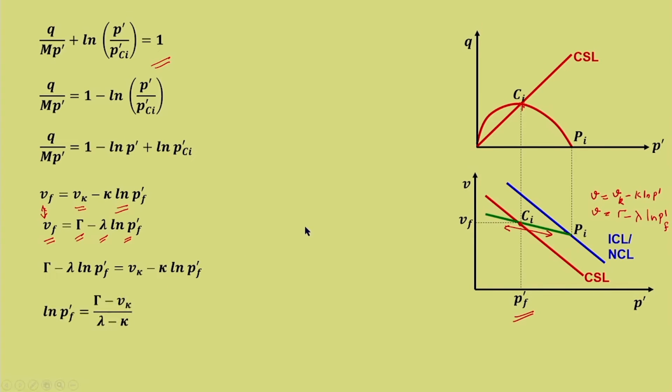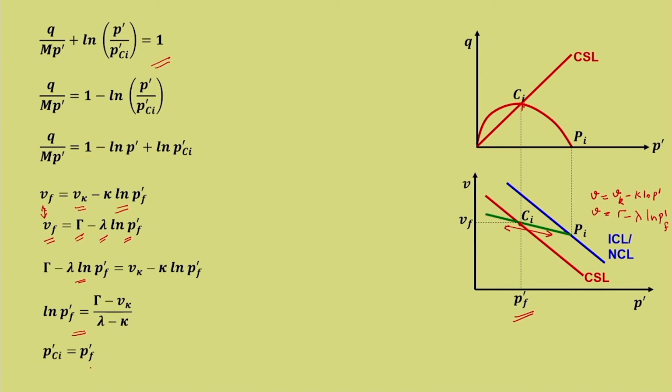Now, if you rearrange it, bringing this to the other side, we can write Γ minus Vκ is equal to ln p'f into λ minus κ. So, ln p'f can be written as Γ minus Vκ upon λ minus κ. So, we got an expression for ln p'f.